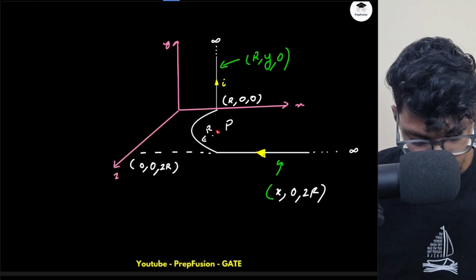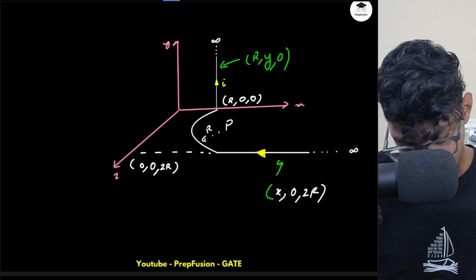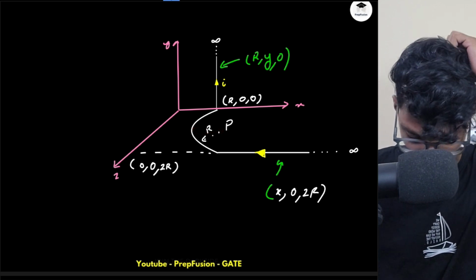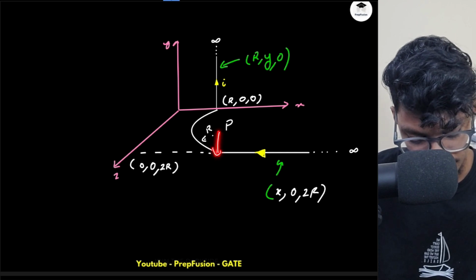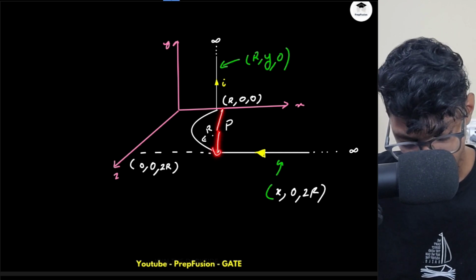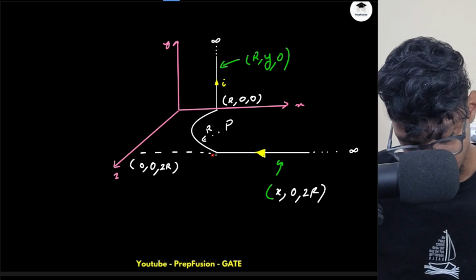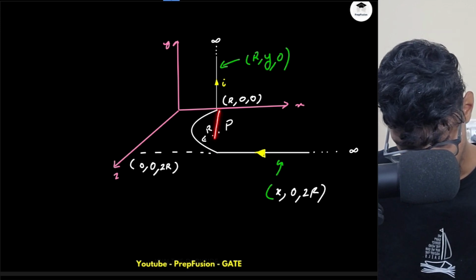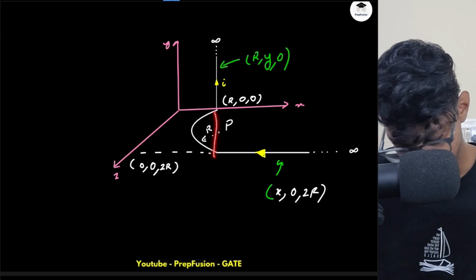So with respect to this point, what is the location of this point? If I observe, this distance is r, right? From this place I can observe that the perpendicular distance will be r only. From here also the perpendicular distance will be r. But where is this point located? This is a straight line, right? So this also should be r.